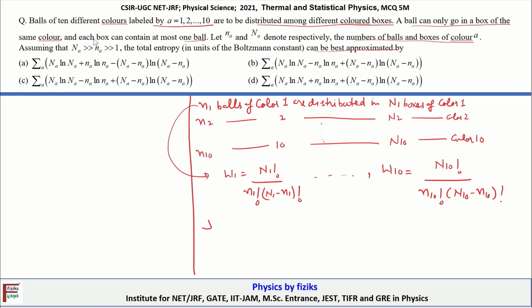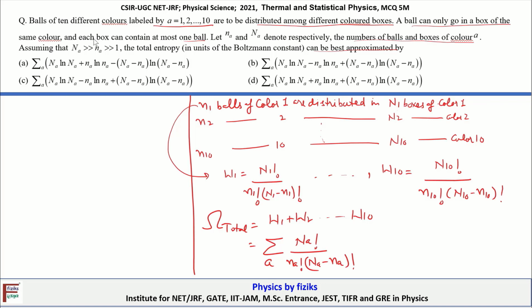So the total number of microstates, omega total, is equal to W1 plus W2 and so on up to W10. That will be equal to the summation over A of NA factorial upon na factorial into (NA minus na) factorial, where A can take a value from 1 to 10.